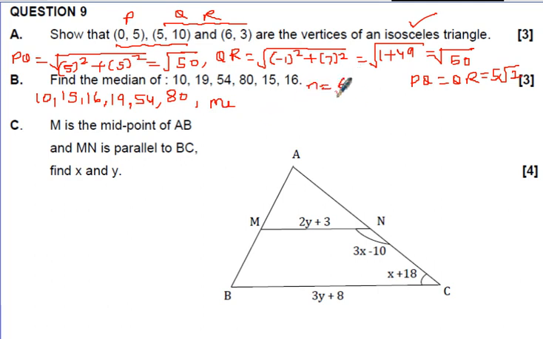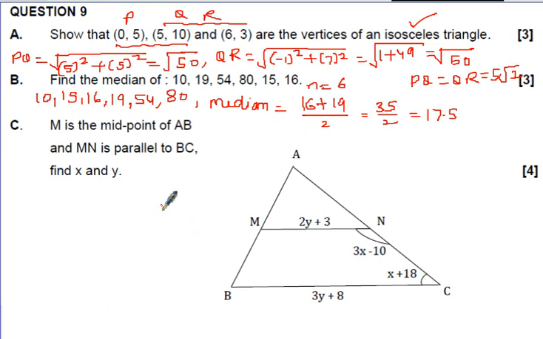There are 6 terms, so 2 middle terms. So your median will be the third term plus the fourth term upon 2. So it is coming 35 upon 2, which is 17.5. So don't get confused when you are getting a decimal.